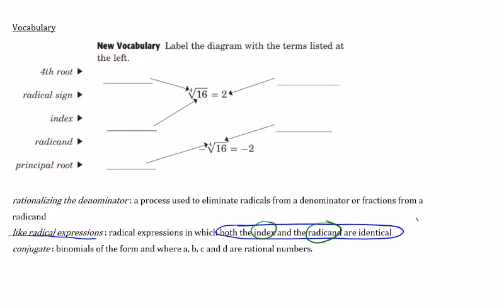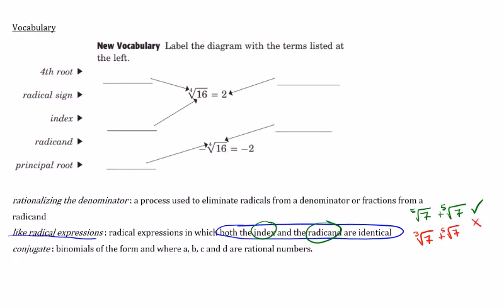Okay, so if you have something like the 5th root of 7 plus the 5th root of 7, that works, right? But what doesn't work is the cube root of 7 plus the 5th root of 7. That doesn't work.